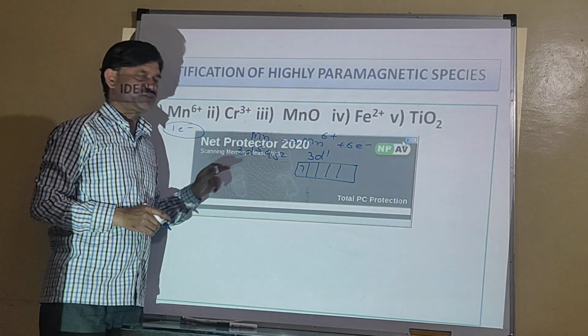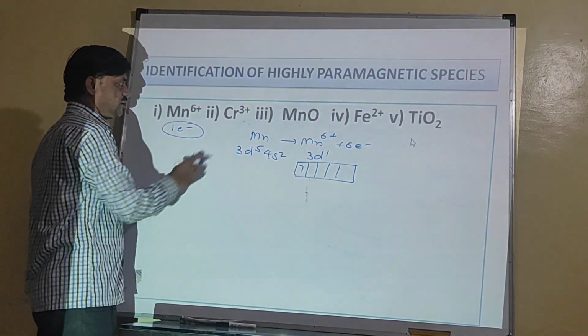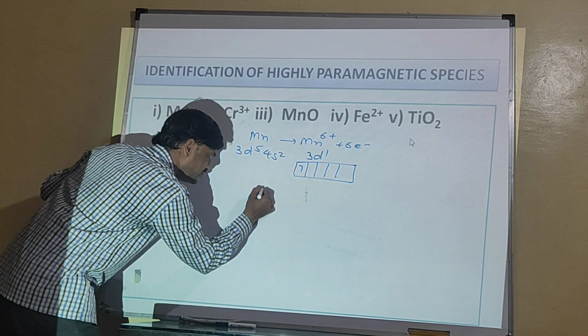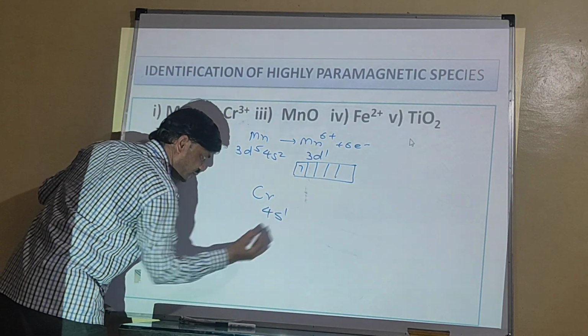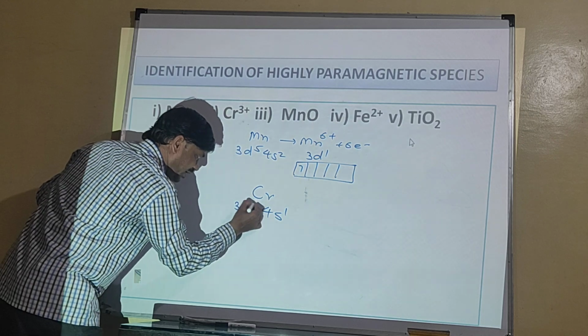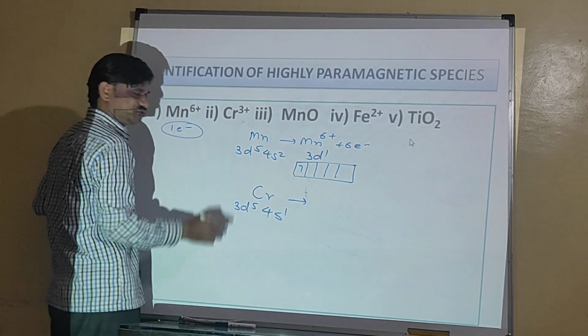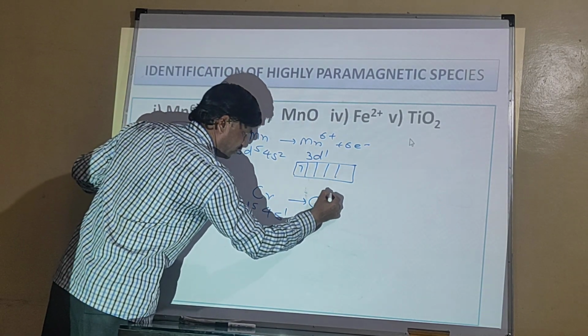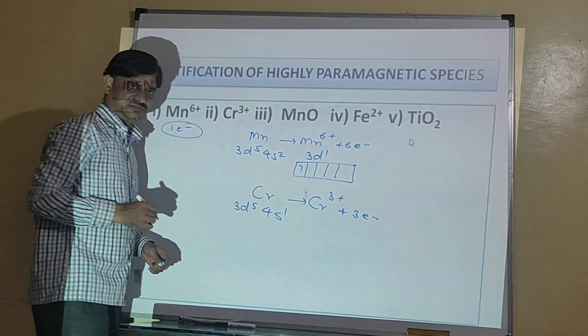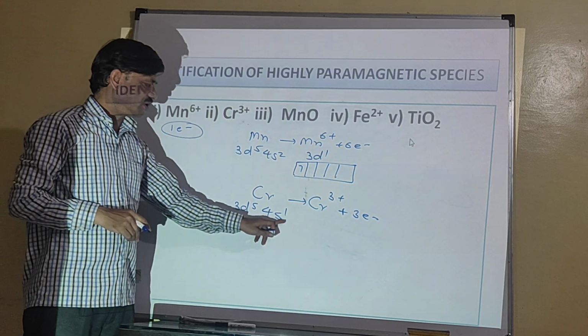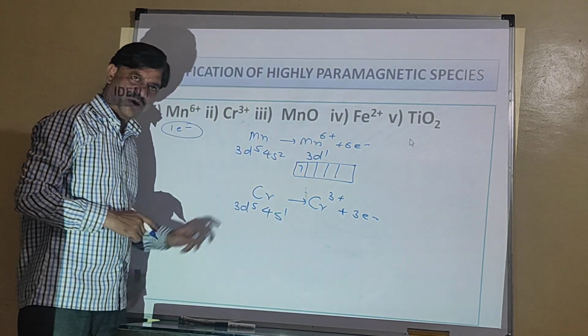What about Cr plus 3? Chromium plus 3. Chromium is not 4s2, it is 4s1, so 3d5. What is the charge given here? Plus 3. So in order to form chromium plus 3, there is a loss of 3 electrons. How are 3 electrons lost? 1 from 4s, remaining 2 from 3d.